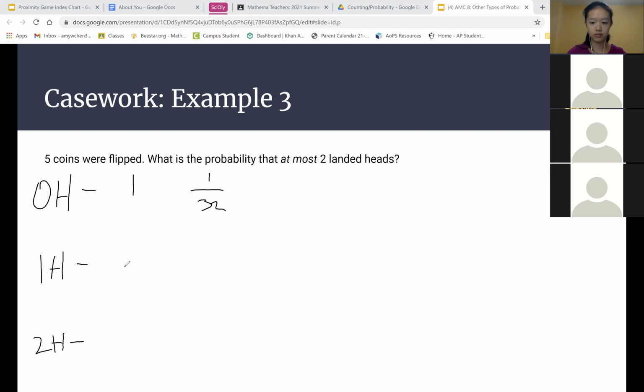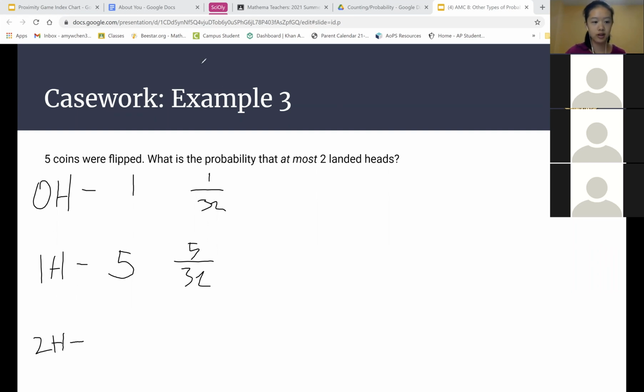Well, the first one could be it, second one, third one, fourth one, fifth one, so 5. Yeah, 5 ways to flip just 1 head, which also means a probability of 5 over 32.